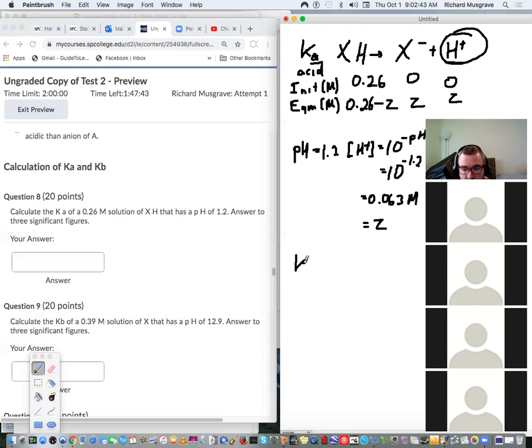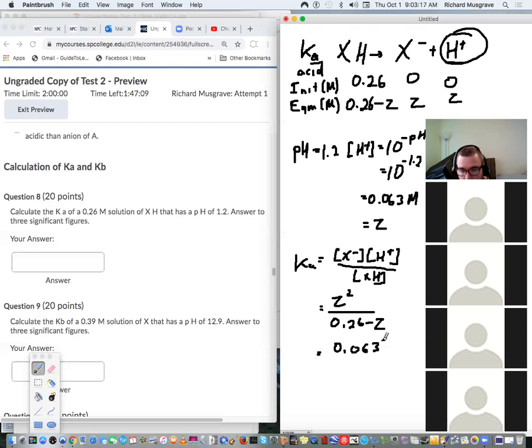So the Ka is going to be X minus, H plus, over XH, which is Z squared over 0.26 minus Z. Now I plug all that in, and it's going to be 0.063 squared over 0.26 minus 0.063.